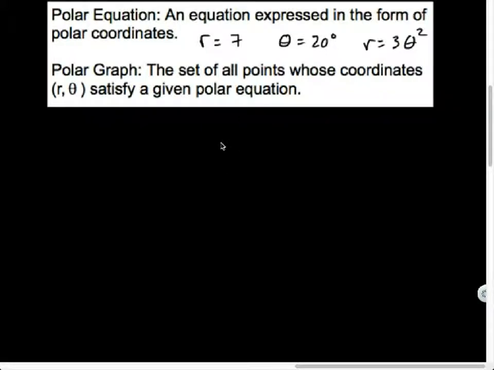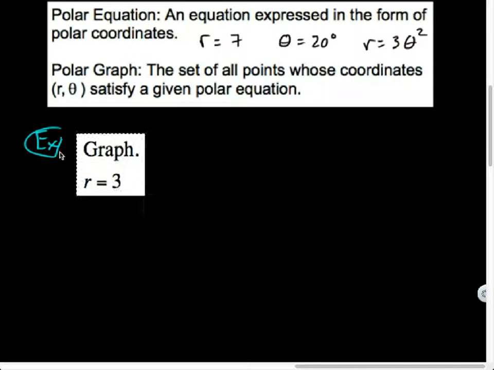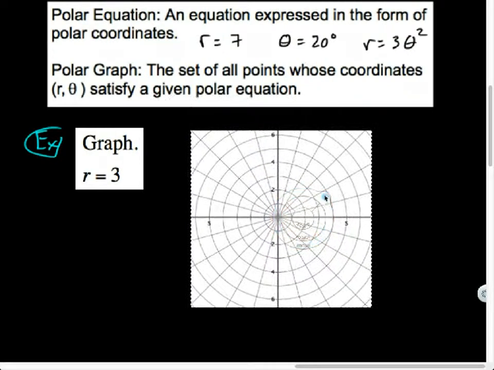So let's do an example of a couple of these graphs. Let's graph r equals 3. So r equals a number graph. All right, so think about the radius is the constant. Radius is constant here. So what do you think this graph is going to look like? What's the set of all points where the radius is 3?